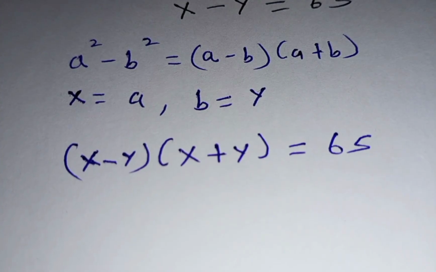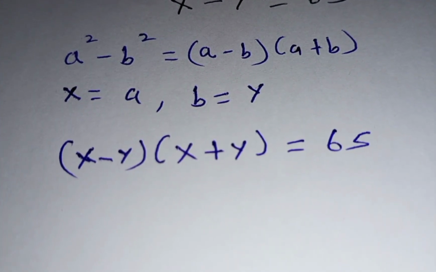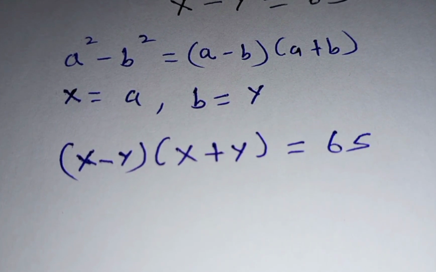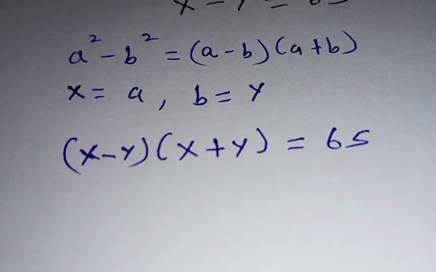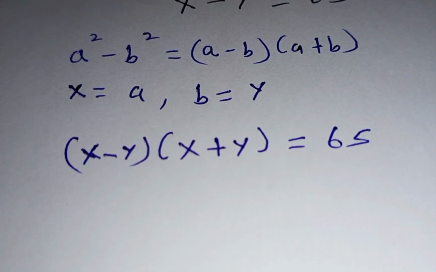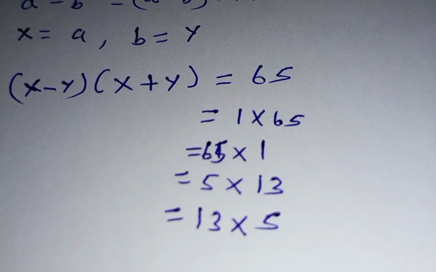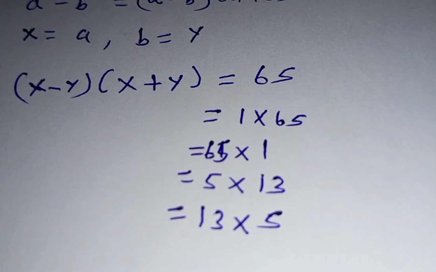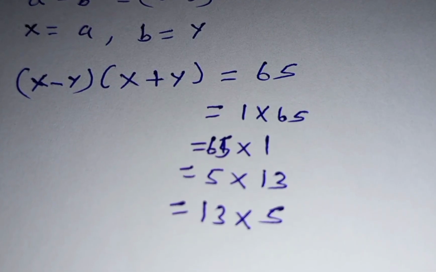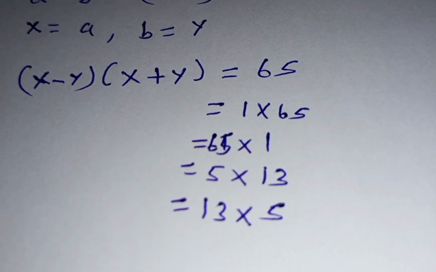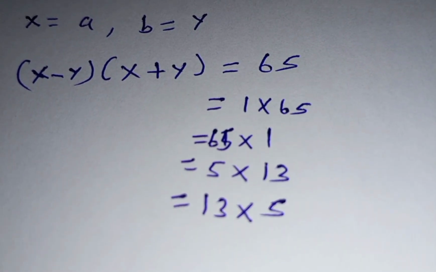The next step is to find the factors of 65, which are 1 multiplied by 65, 65 multiplied by 1, 5 multiplied by 13, and 13 multiplied by 5.